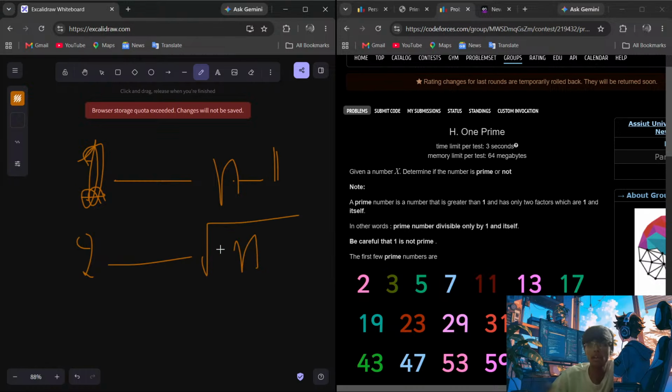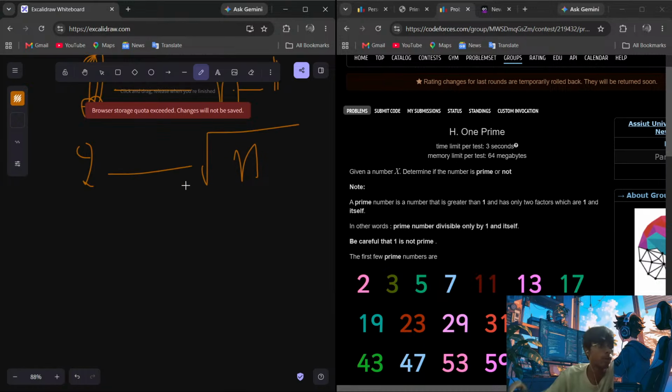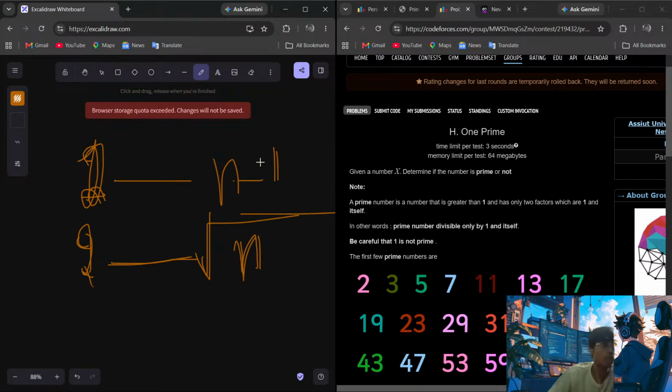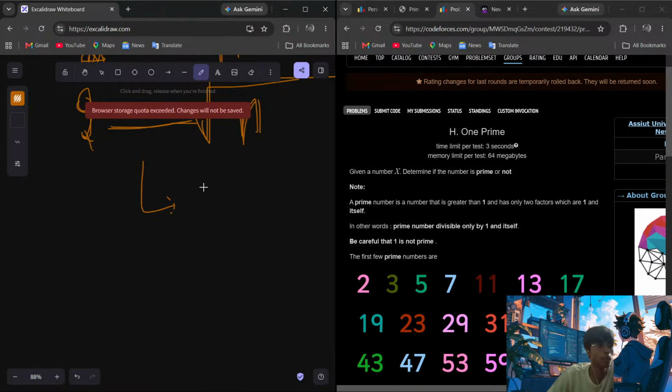And if that factor does not come, it means that number is a prime number. So rather than going till n, we can go only till under root n. Fine. So we are reducing the time complexity from big O of n to big O of under root n.